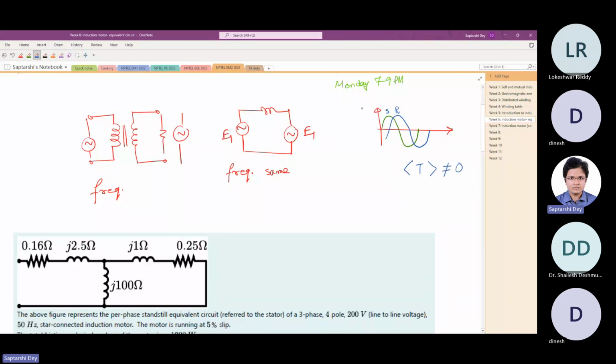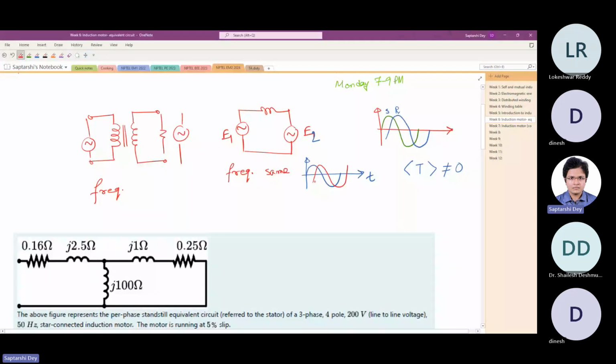You see, this frequency is also the same thing. If you draw E1 and E2 with respect to time, just imagine the frequencies are not same. If the frequencies are not same, what you will see is, say for example, you are seeing them on an oscilloscope.